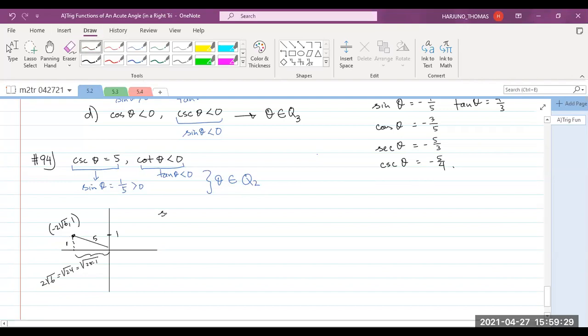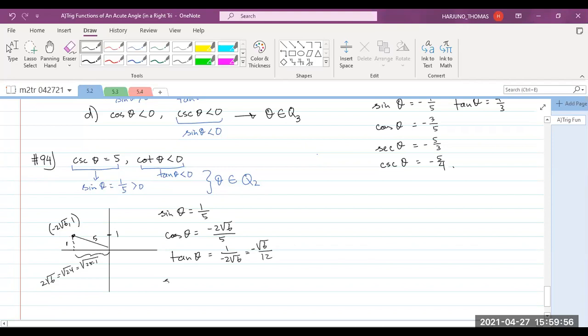Well, sine theta, we already know that's y over r. Cosine theta is the x over r. Tangent theta is y over x. That's negative radical 6 over 12.